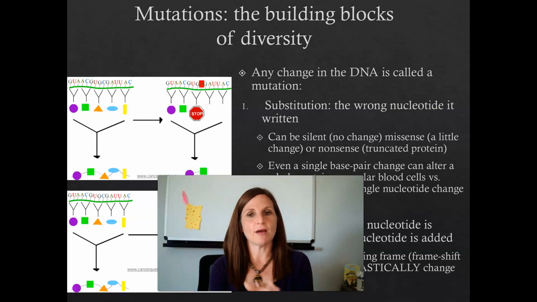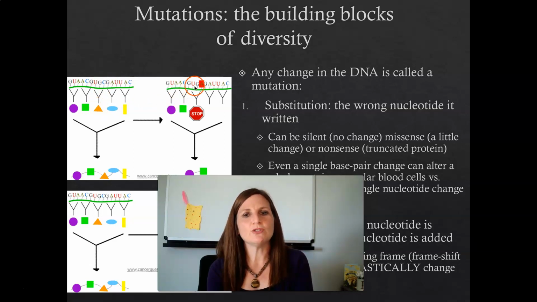So all mutations come from one of these kinds of mutations here. We can see a substitution mutation. If we substitute in the wrong nucleotide, what we're picturing here is that this is a piece of mRNA in green, and it is being translated 3 nucleotides or 1 codon at a time into amino acids, and the amino acids are being represented by the shapes. So what we see here is in our 3rd codon, it used to be UGC, and that was coding for this orange triangle.